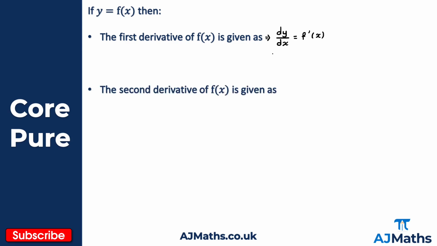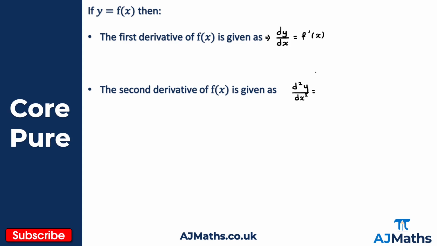So now what about the second derivative? The second derivative of f of x is given as d squared y over dx squared. Now for the second derivative, this is equal to the derivative of the first derivative.